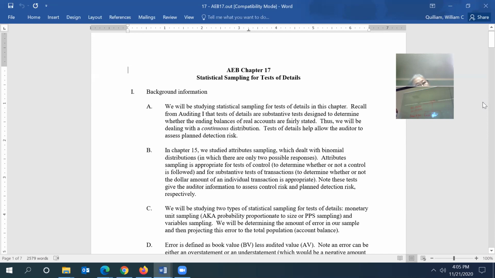A negative number has a minus sign or it's in parentheses. But this could easily be negative as well. So the error is positive 500. In other words, the book value is overstated. If it were negative, the book value would be understated, such as, in this case, the book value would be 4,500. That usually doesn't happen with accounts receivable because clients would love to overstate them.